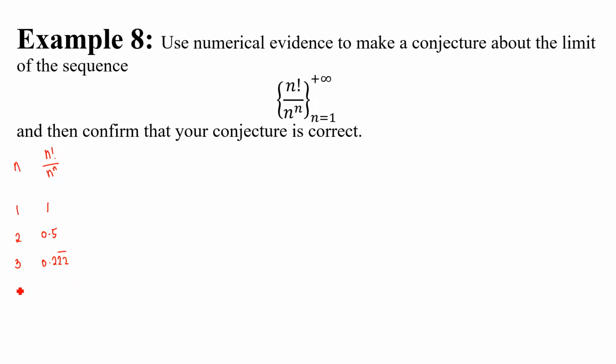If it is 4, I am going to use my calculator here. So you have 0.09375. If it is 5, then you have 0.0384. If it is 6, that is 0.015432098.